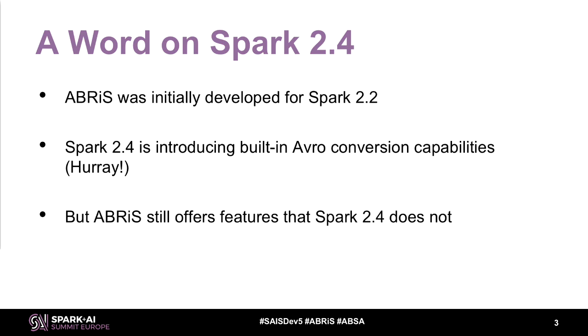We are looking forward to contributing some of our core features into version 2.4. But we still offer some features that Spark 2.4 does not. So as part of our effort, we will be trying to make the APIs seamlessly interchangeable, so that you can choose whatever makes sense for your use case.